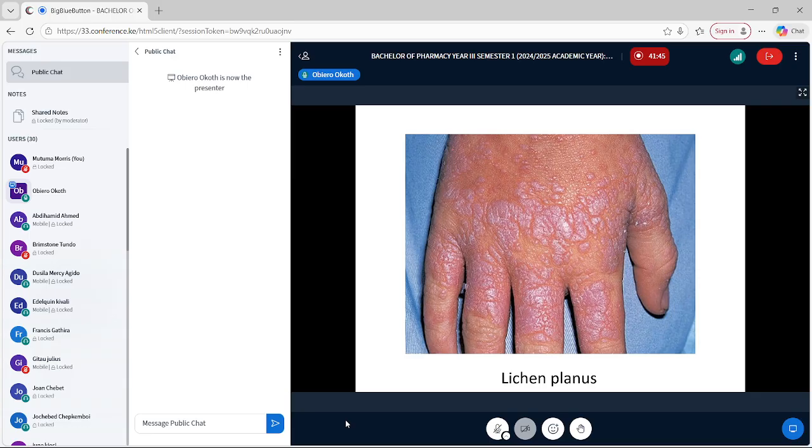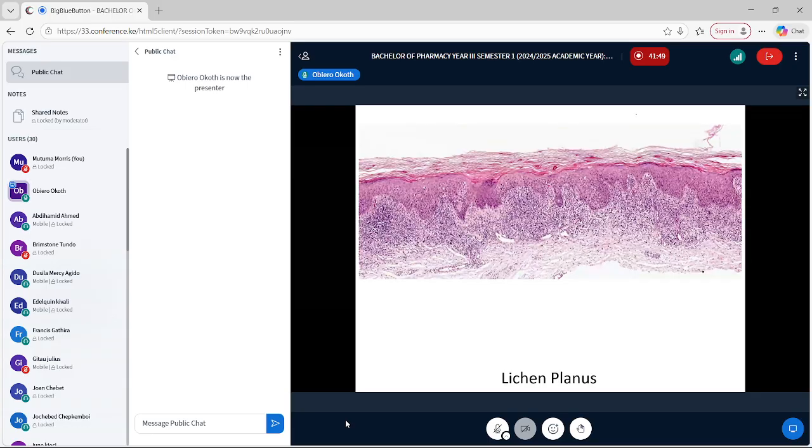Okay, and what you see mainly is what we refer to as lichenoid. Then you see a band of inflammatory infiltrate. Yeah, a lot of inflammatory infiltrate in the lichenoid interface inflammation.